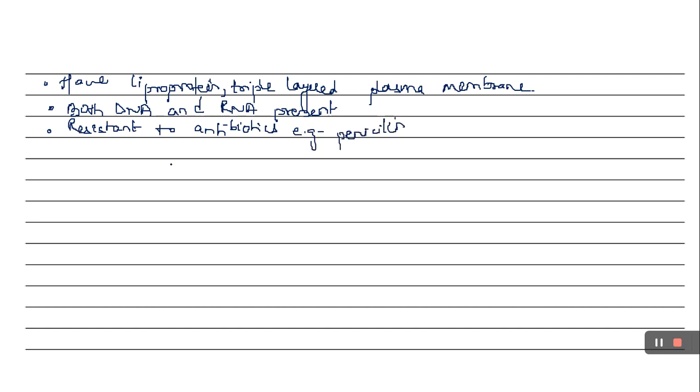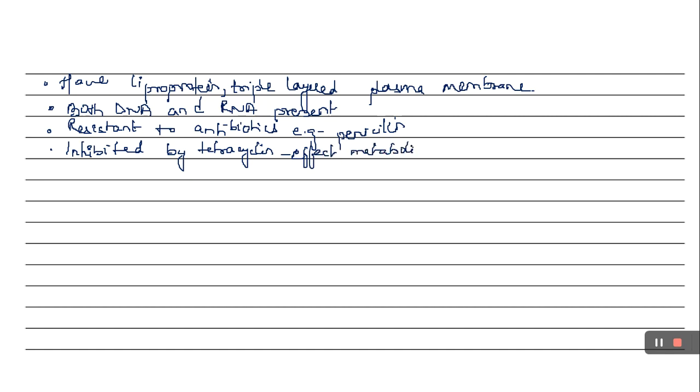Another thing is they are inhibited by tetracyclines, because tetracycline does not act on the cell wall; it affects metabolic pathways.